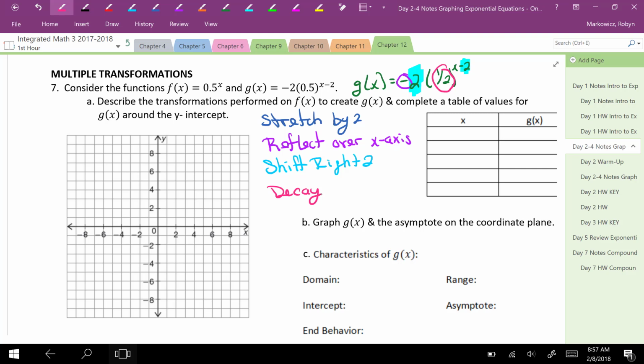All right, looking here, think about the type of exponent you might want. We have x minus 2. What number would you like as an exponent? You want to have negative 2?